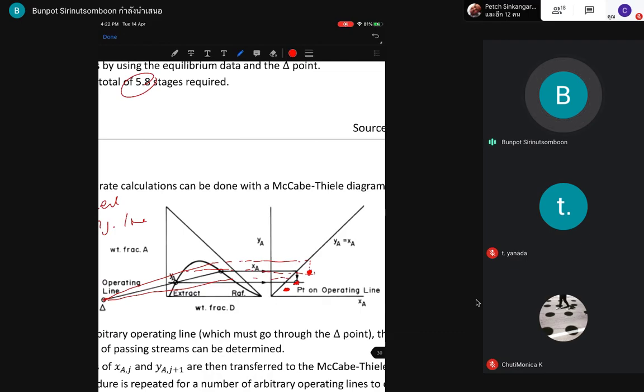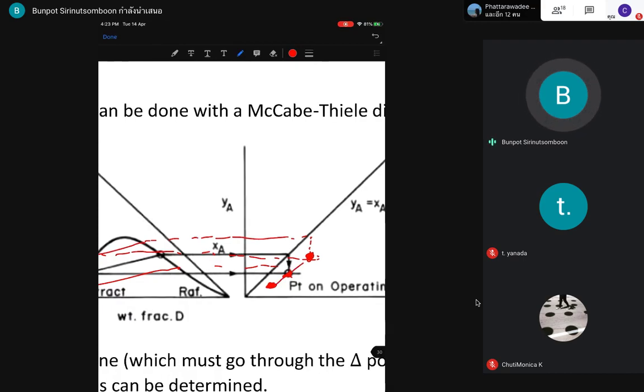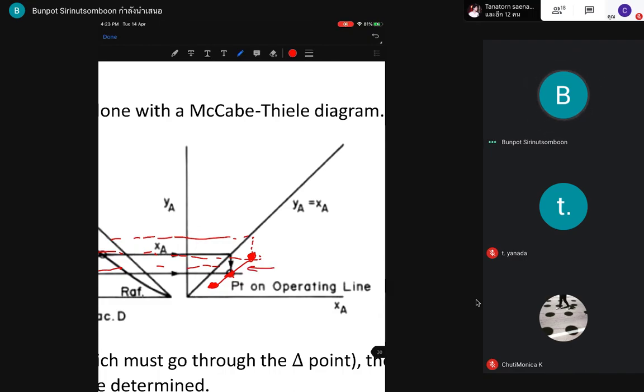So I have multiple points here, and then I connect the dots with a line, and this is my overlapping line.